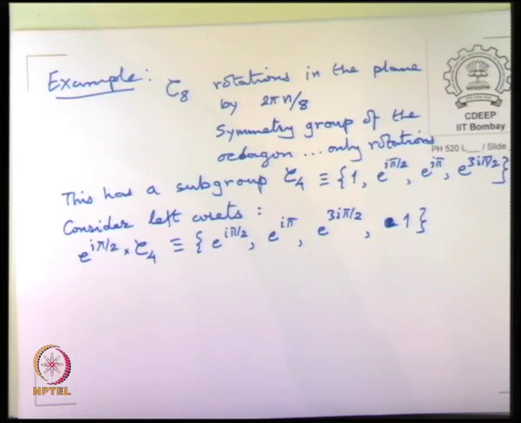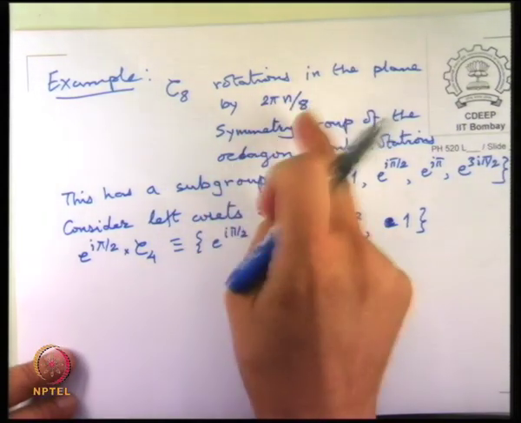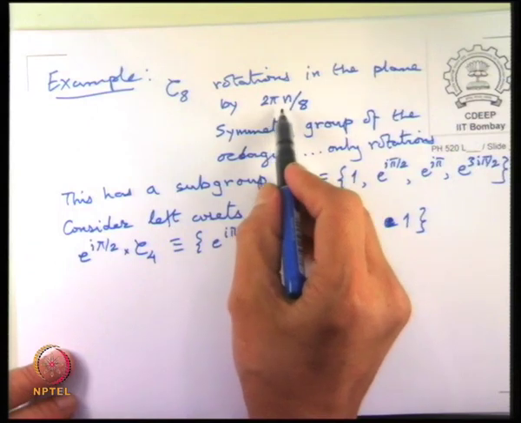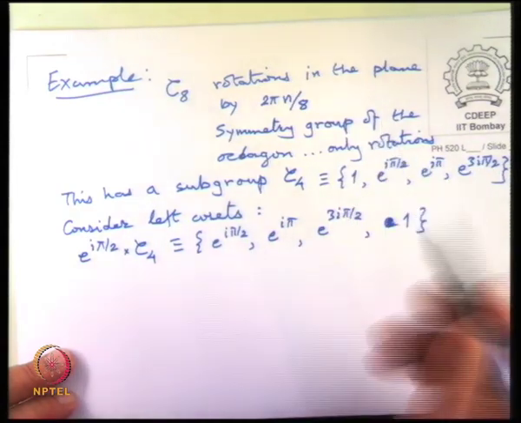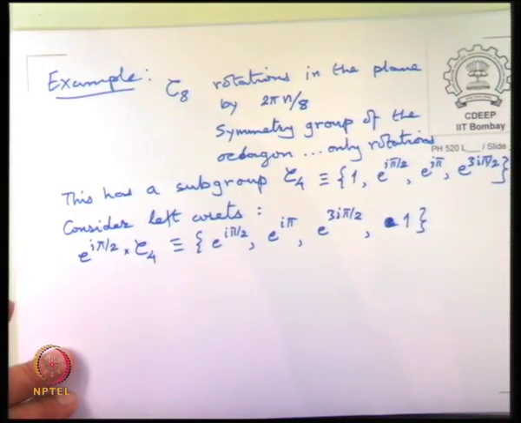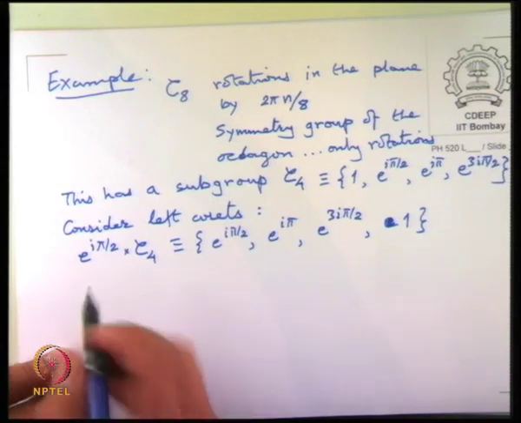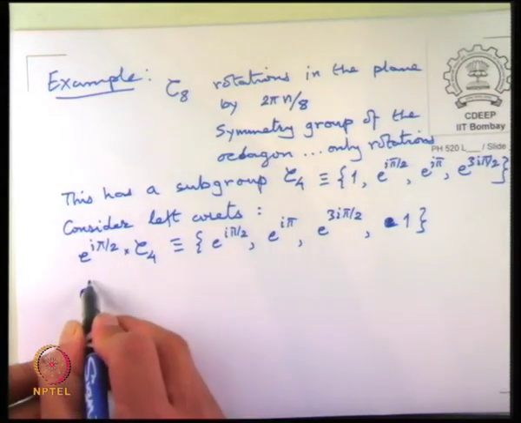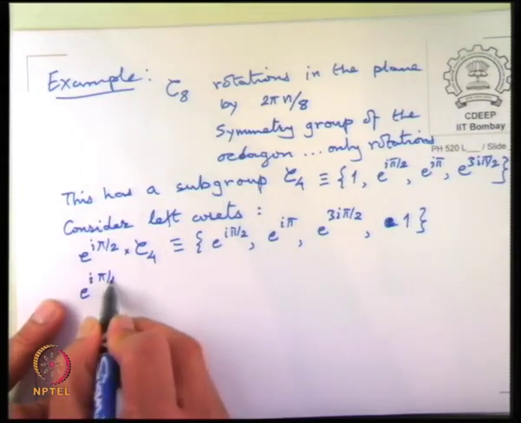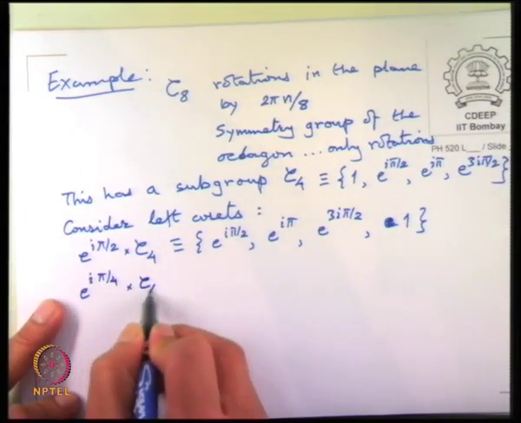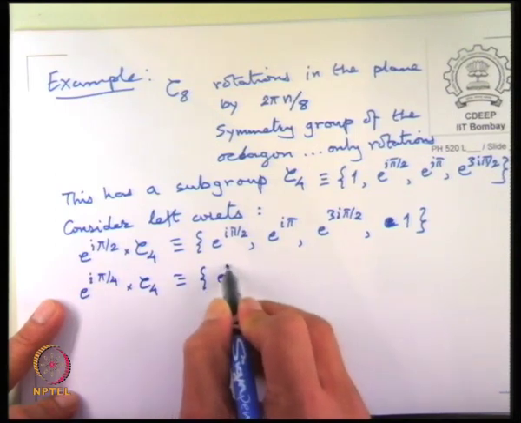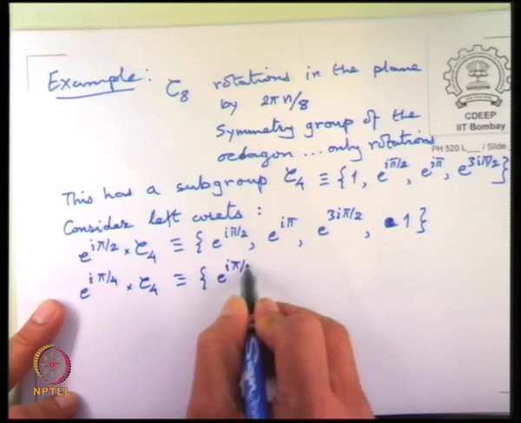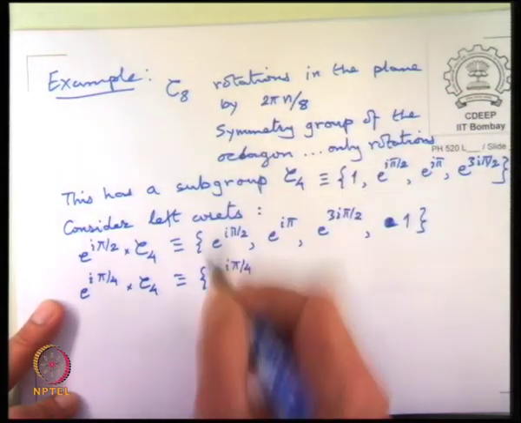But because there is 2 pi n by 8, I also have 2 pi by 2n pi by 8, so I should have a 45-degree rotation as well. So if I have e raised to i pi by 4 times C4, then I get something else. I get e raised to i pi by 4, that is 2 i pi by 8, of course.